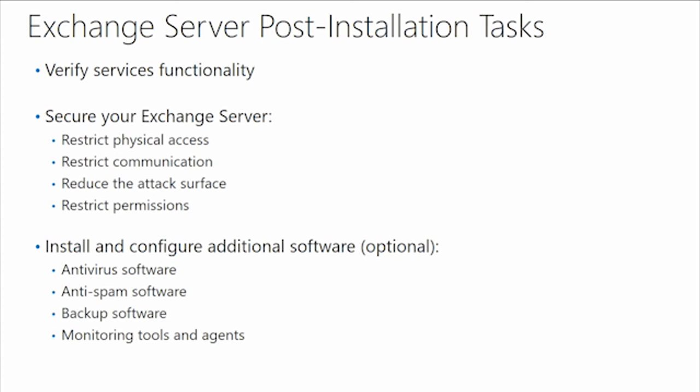So you need to make sure that your Exchange server by itself is running. It's always a good idea to secure your Exchange servers, in many different ways. Physically, you want to make sure that not everybody in the company has access to that server. You want to restrict communication, perhaps using a firewall to block certain ports or IP addresses from being able to communicate with that server.